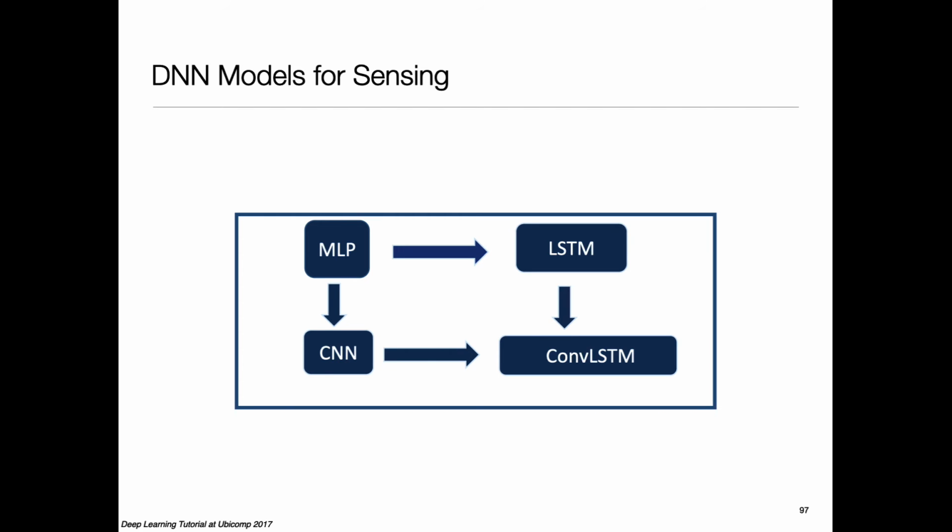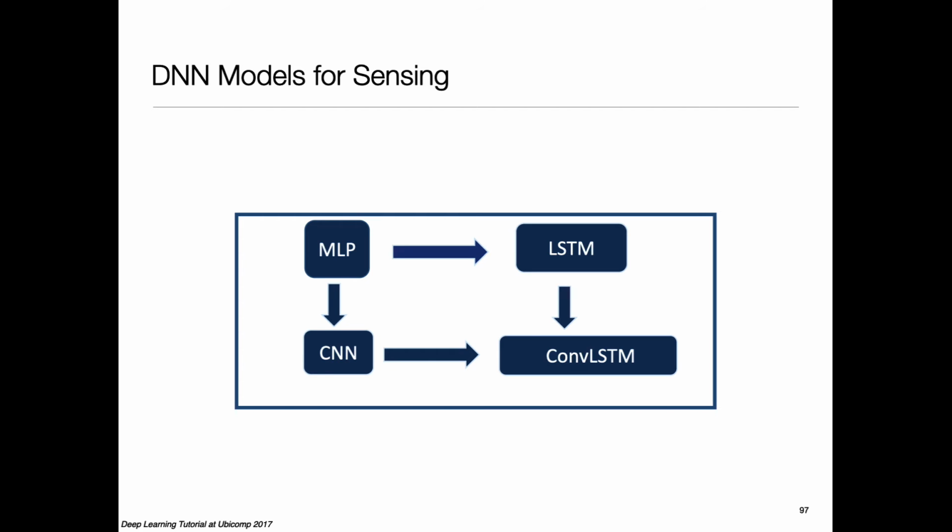Probably the most successful ones are those which combine convolution and LSTM. What we do is take our time series and feed it through convolutional layers. I now get a time series of features, those activation values, and then I feed those into an LSTM. So the LSTM, instead of operating over the raw samples, is now operating on vectors produced by the convolutional layers, seeing a sequence of those vectors.